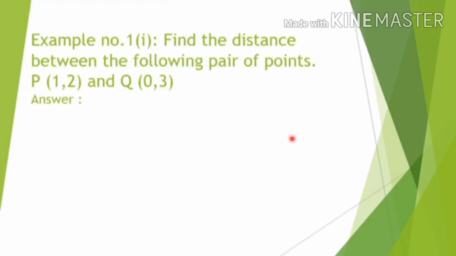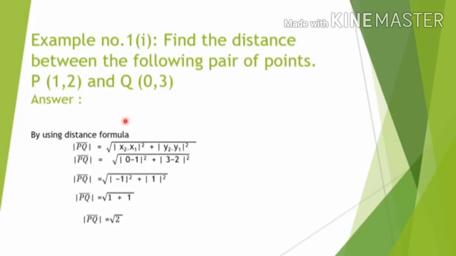Let us solve. This is example number 1, part number 1. Find the distance between the following pair of points P(1, 2), Q(0, 3). We will apply the distance formula in the similar pattern as we did in the previous question. So here we will have the difference of the x coordinates and then the difference of the y coordinates. X coordinate of point Q is 0 and x coordinate of point P is 1.